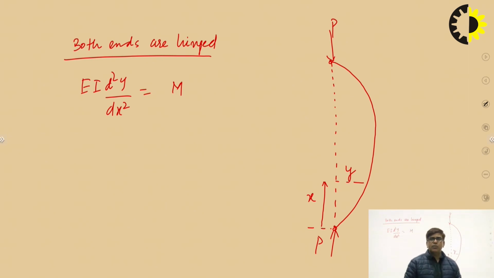If the bending moment produces convexity towards the initial center line of the member, it is considered positive. So how does that convexity look? It looks like this.